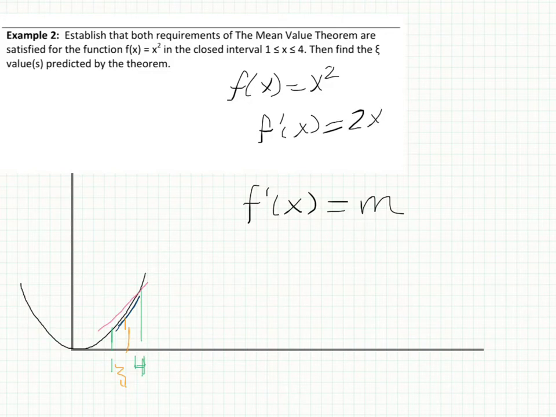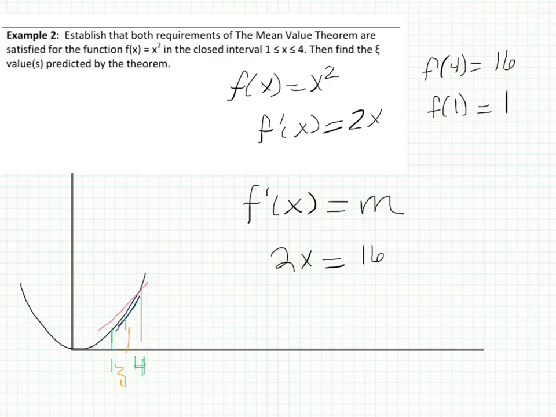So we have 2x equal to, well, f of 4, which is 16, since 4 squared is 16, so 16, and f of 1, well, that's just 1, since 1 squared is 1, so 16 minus 1 over, and then of course we're finding the slope of the line, so 4 minus 1, of course, being 3, so that's where I get 3 here.